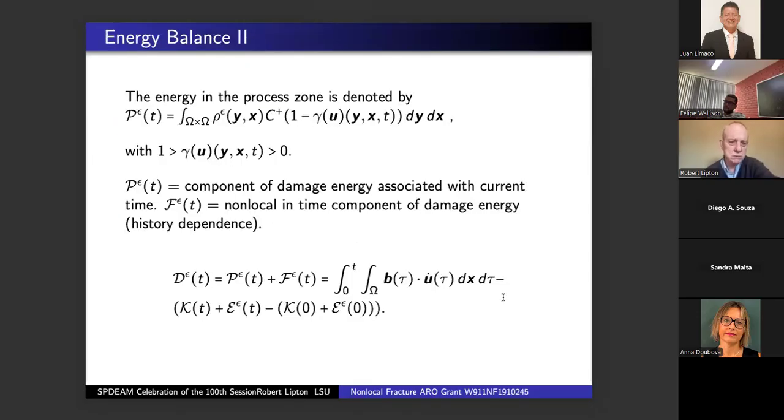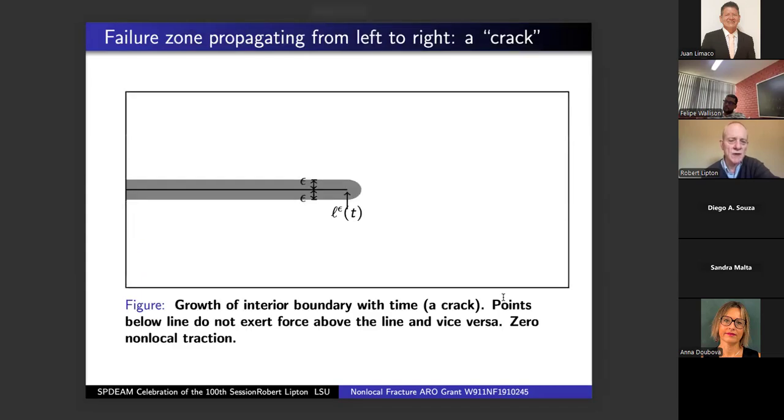We can also discuss energy balance and parse it more finely. Last, because I have very few minutes left and I want to make sure I wrap up in time, what I would like to show you is that as epsilon, the horizon of nonlocality, goes to 0, the fields surrounding a crack go to a limit field, and the limit field actually solves the linear elastic wave equation, or just the wave equation.